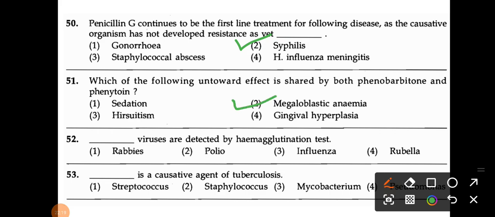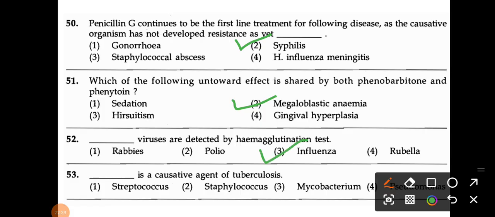Okay. The next, which viruses are detected by the hemagglutination test? The options are rabies, polio, influenza and rubella, right? So what is the correct answer? That is the hemagglutination test for your influenza, right?